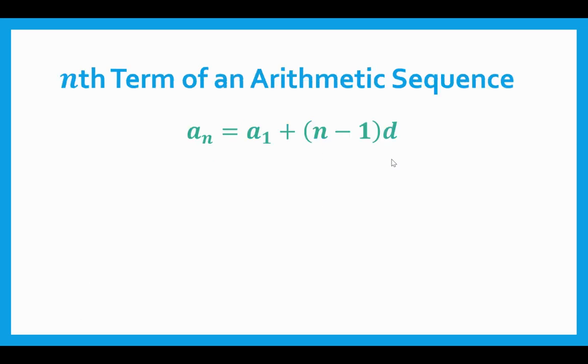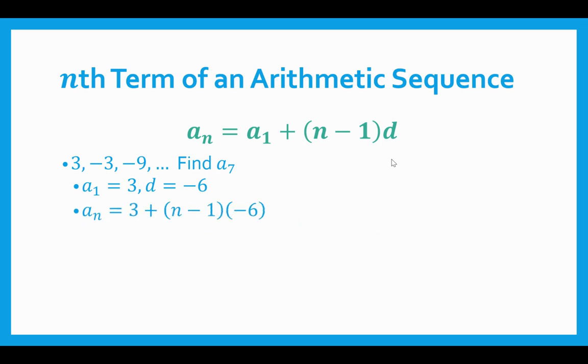Here is that formula again from the first slide. And we're going to use this formula to calculate out some things. So if we've got 3, -3, 9, and then the rest of the sequence, and we want to find the 7th term in the sequence, A7, we then plug and chug. So if A1 is 3 and D is -6 and N is going to be 7, we can do a little plug and chug.